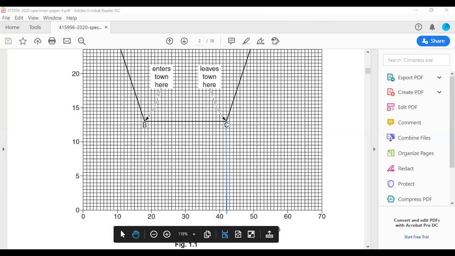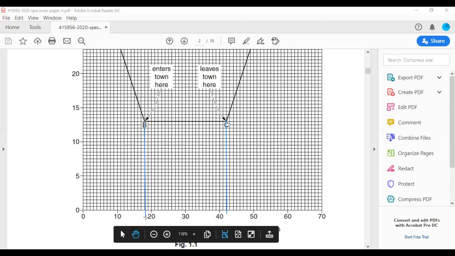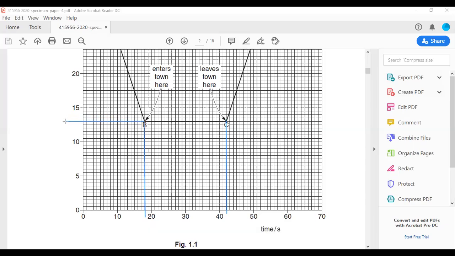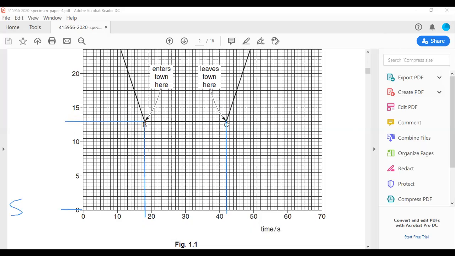It's between point B and point C. That's what we're concerned about, right? So your first one is here, and the second one is here. So your S1 is what value? Your S1 is here, your S2 is here, your T1 is here, and your T2 is here.